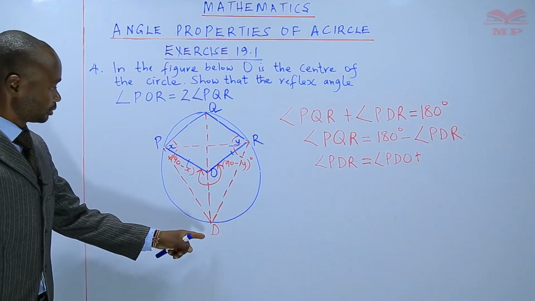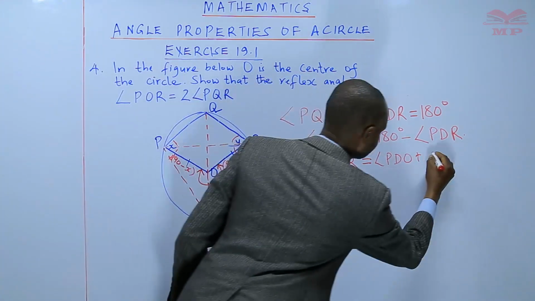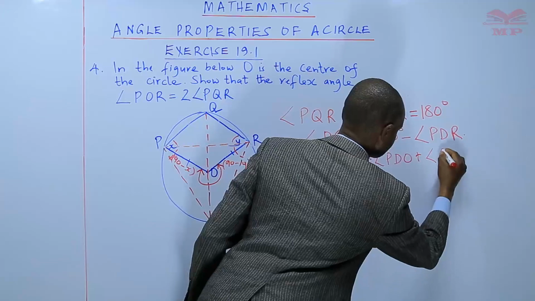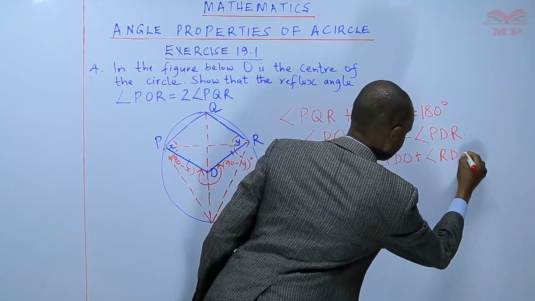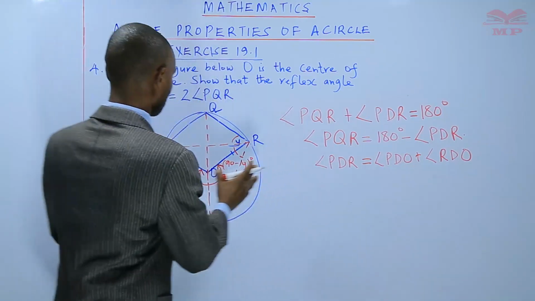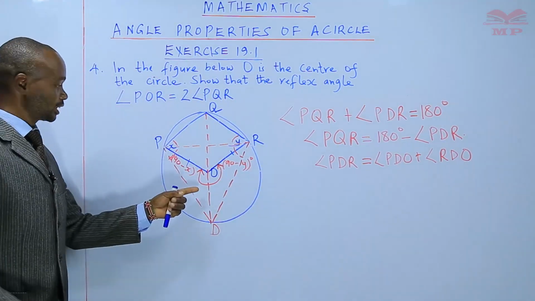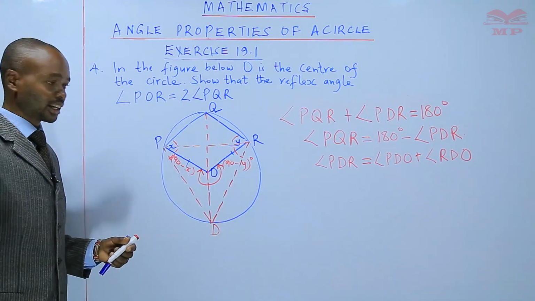Plus angle RDO. So when we go back to the diagram, we are going back to what we had talked about, the isosceles triangle.